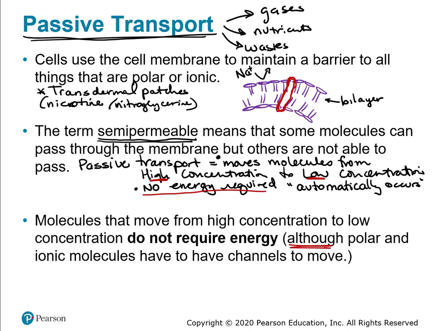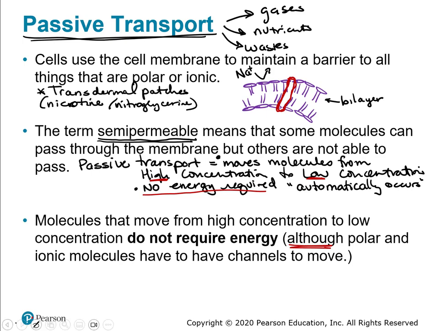Although, if a molecule is polar or ionic, if we're talking about salts or nutrients like sugar, which is polar, if we're talking about molecules that can't pass through the bilayer, they're going to have a channel. As long as there's a channel, the channel will allow those molecules to go from high concentration to low concentration.